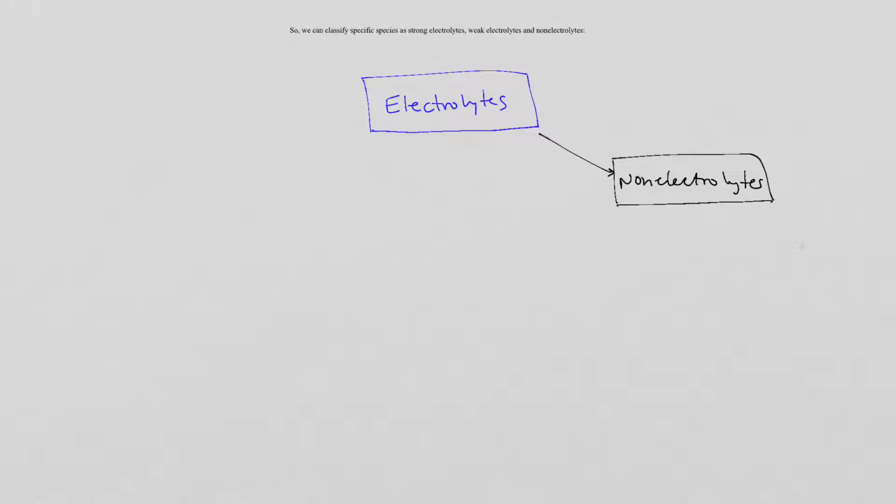One branch is non-electrolytes, and the only thing that is a non-electrolyte is a molecular compound. Remember, that's two or more nonmetals.